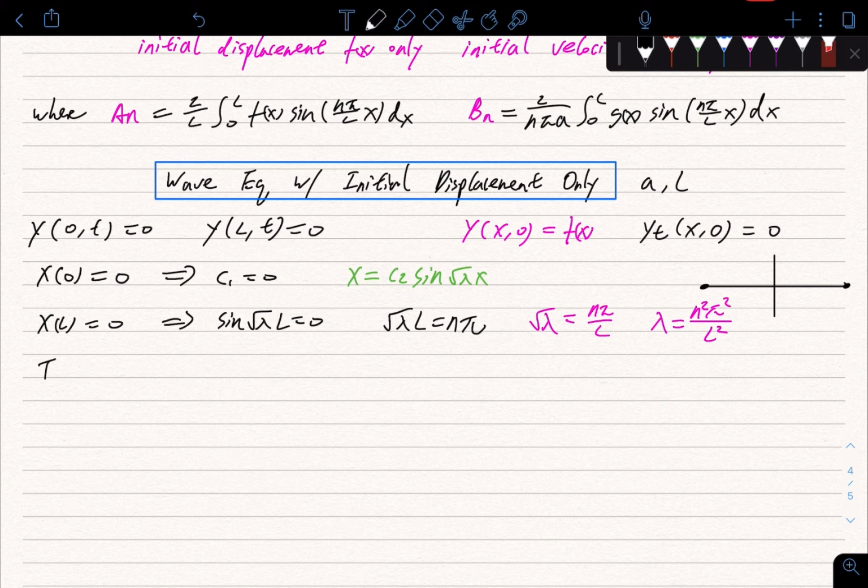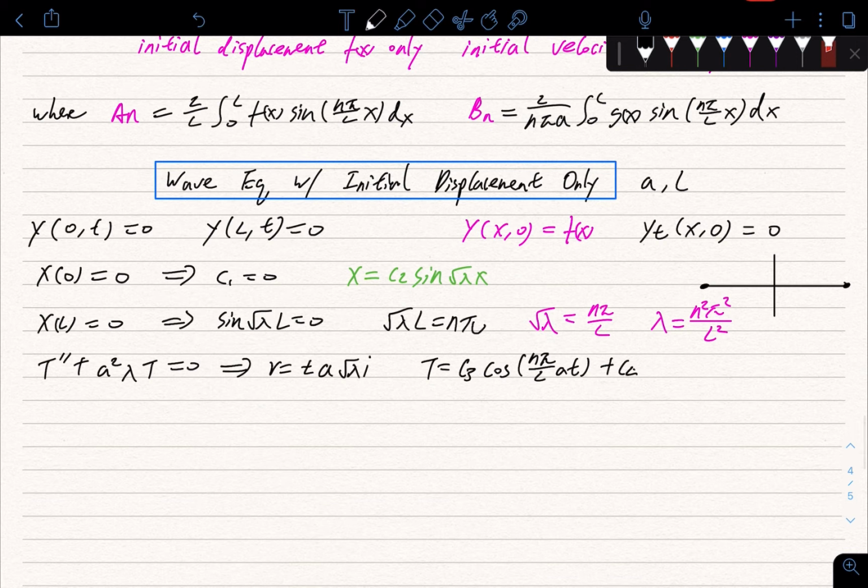Our t differential equation is t double prime plus a square lambda t equals 0, and that leads us to r equals positive or negative a square root of lambda i, and then t equals c3 cosine n pi over L a t plus c4 sine n pi over L a t, because we already know the value of lambda, so I'm just plugging that in.